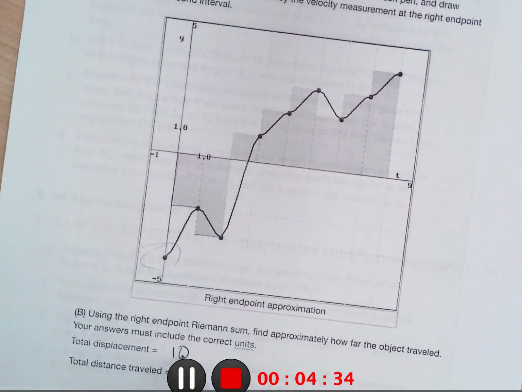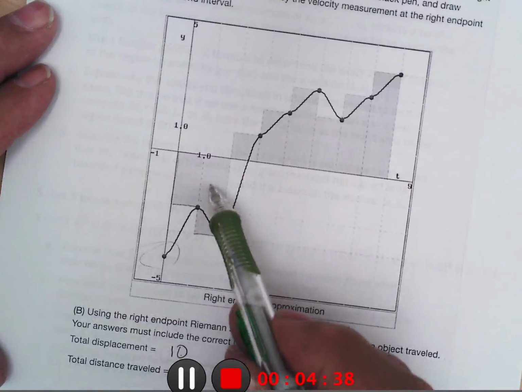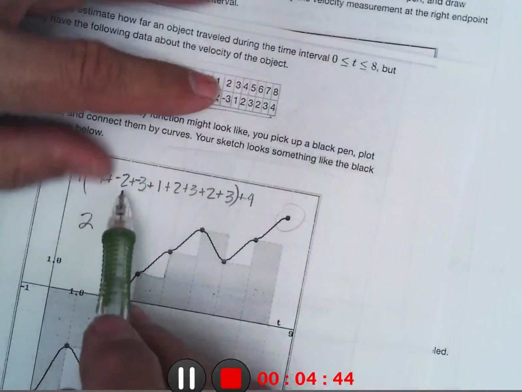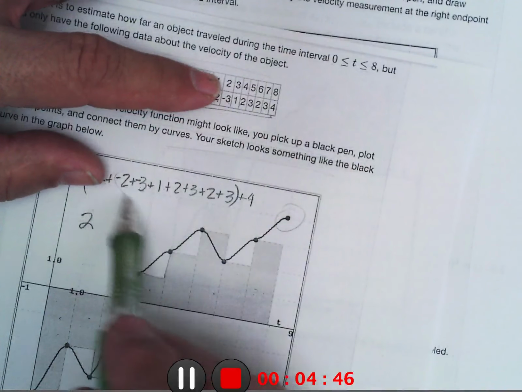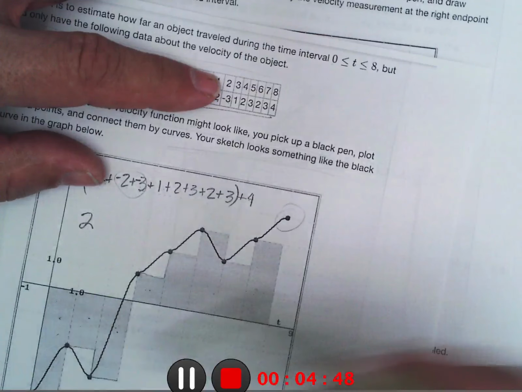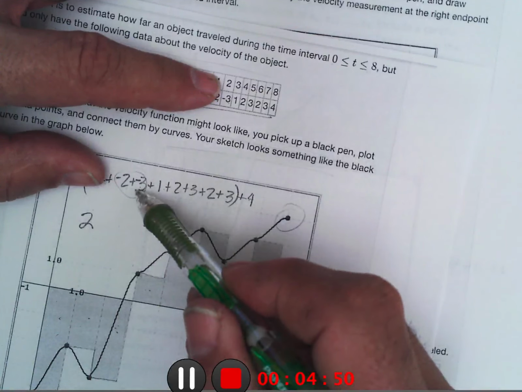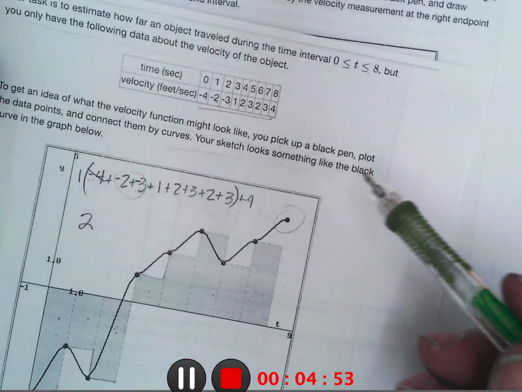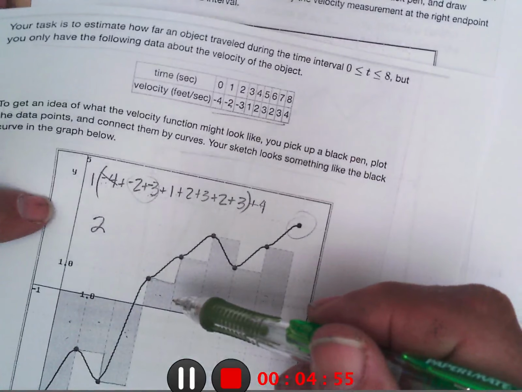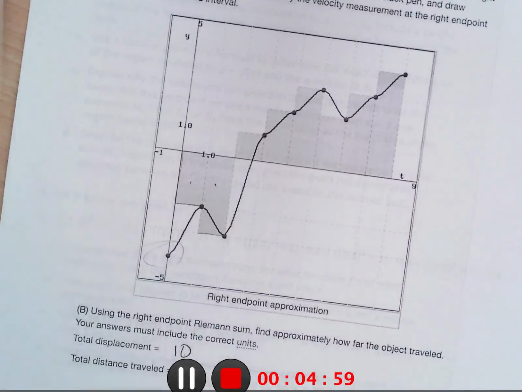And then if you do ignore the negatives on those 2, which were -2 and -3, that would make it 10 greater than what it was before. Well, let's see. Yeah, 10 greater than 10, which would make it 20. Okay? That's number 2.